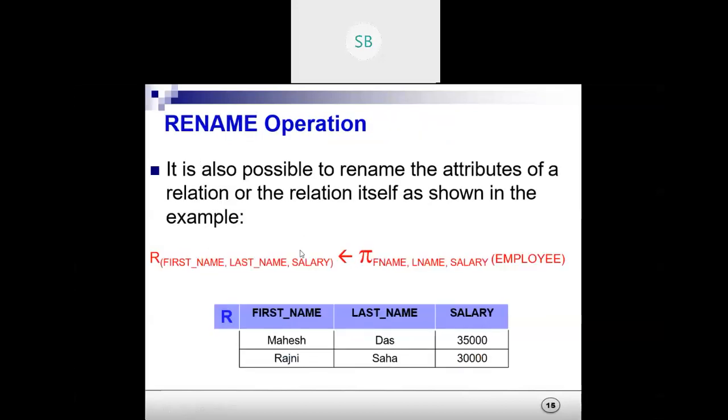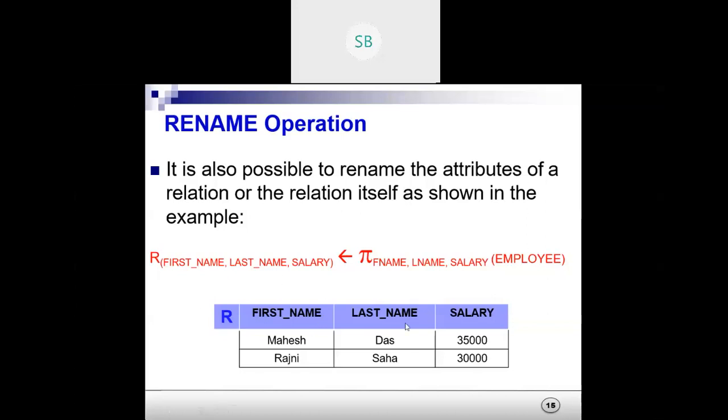Bit confusing, I know. And the last one in the unary operations is the rename operation. It is possible to rename the table, and it is also possible to rename the attributes of a relation or the relation itself.